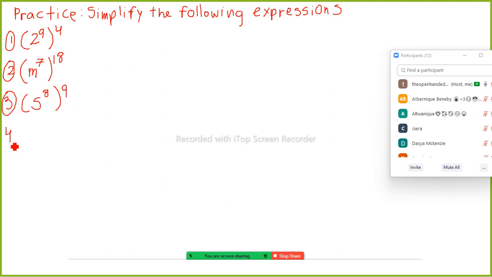Number 4, if we have x to the power of m, raised to the power of n, what would that be?